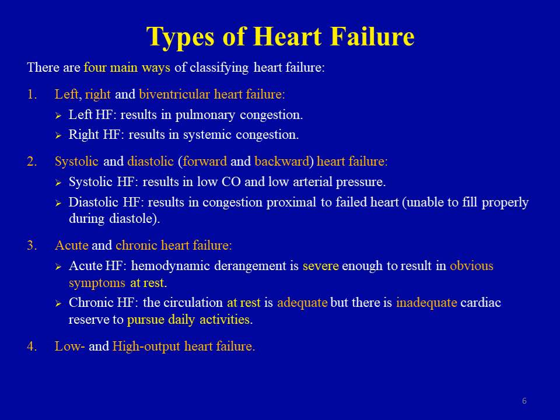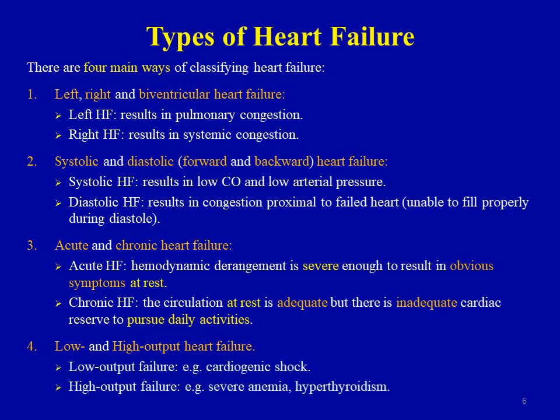We can use a combination of the four. For example, we can say acute left systolic heart failure, or chronic biventricular systolic heart failure, and so on. We can use a word from each of these four ways of classification. Just to add here before we finish this slide, low output failure occurs like in cardiogenic shock, and high output failure, for example in severe anemia and hyperthyroidism or thyrotoxicosis, as I previously mentioned.